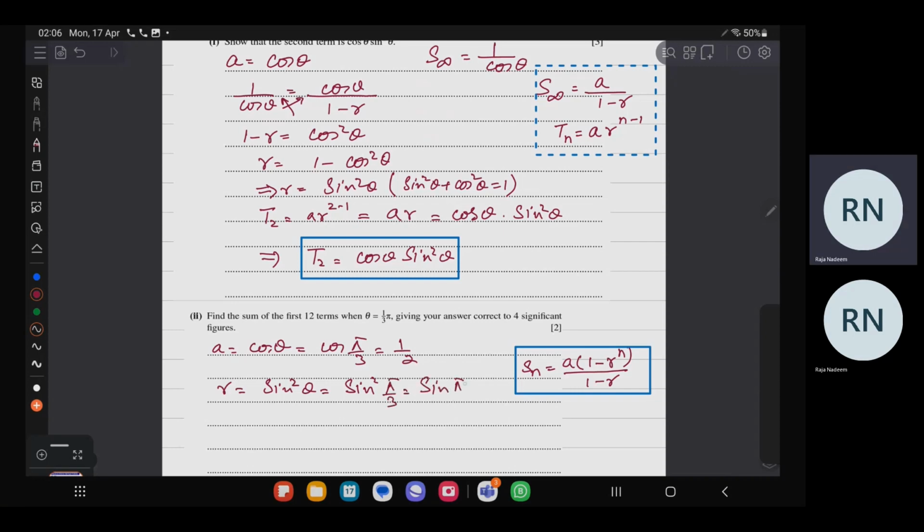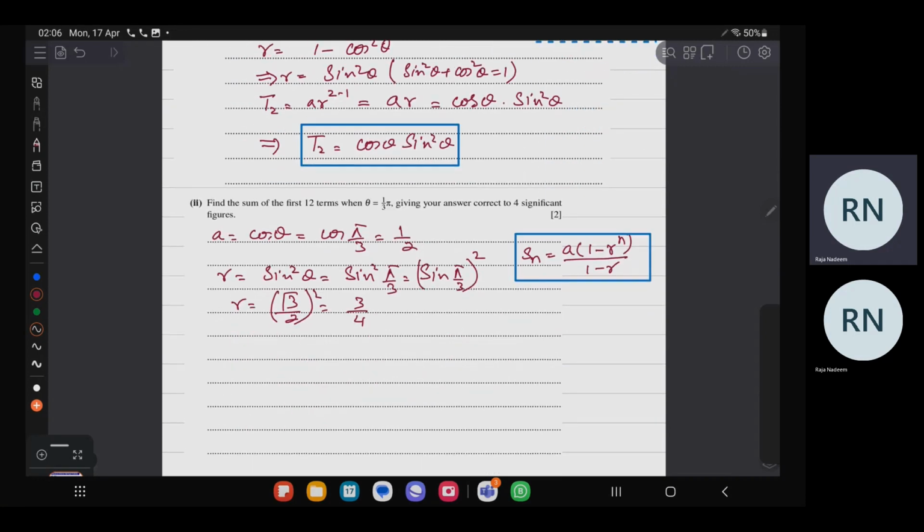Whenever you have a trigonometric function with a power and you need to find the value at some given value of x, then you write the power as a whole power. Then r would be the square of root 3 by 2, which is 3 by 4.